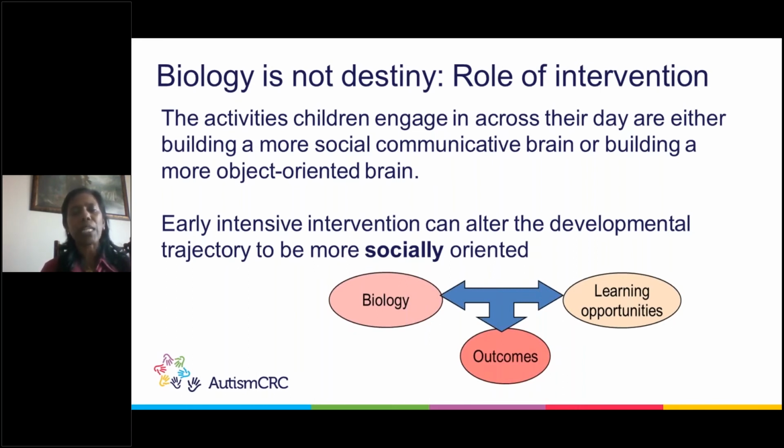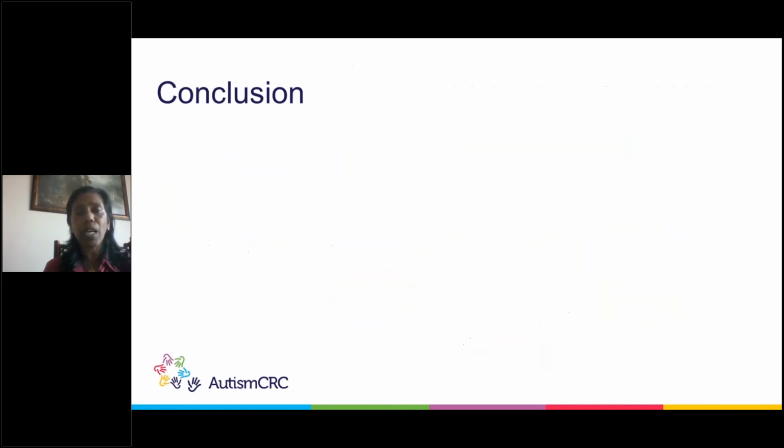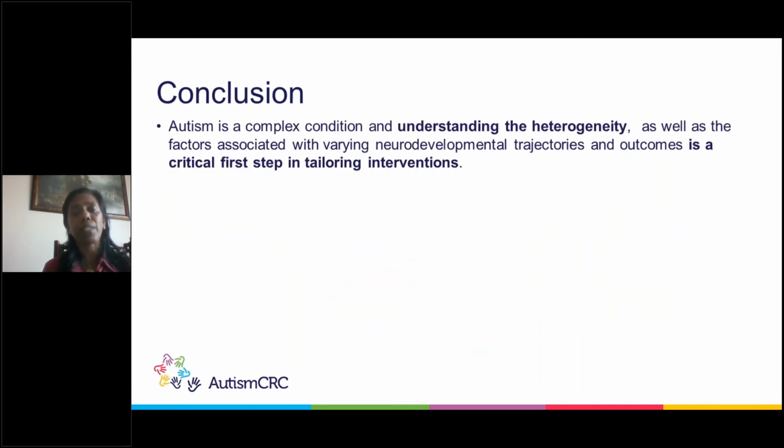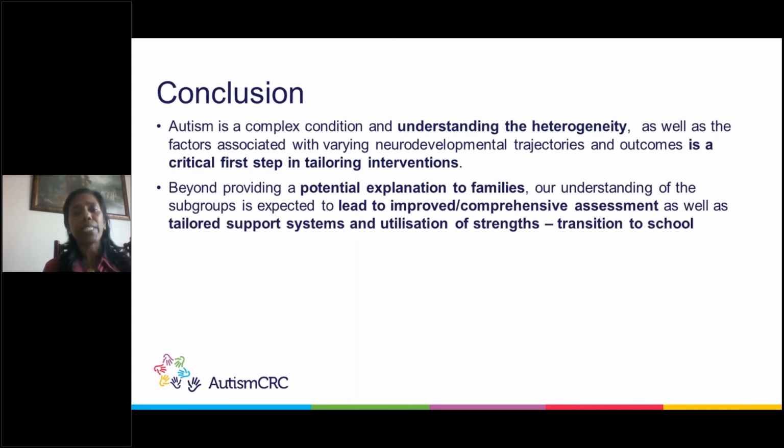So that's probably how we should be supporting each and every individual who has got symptoms, signs of autism. Understanding the heterogeneity is very much part of that and a critical step in tailoring the interventions. And definitely, it is not just about explaining to the families, but also we can provide the right supports, utilizing their strengths, what they are good at, what will motivate them.